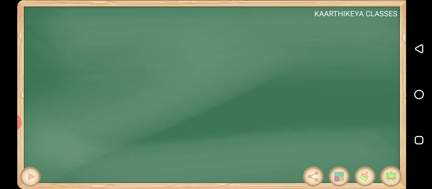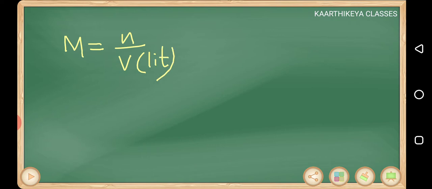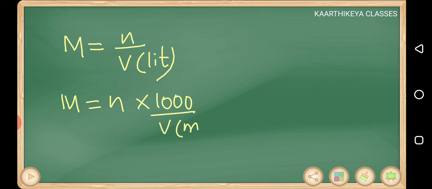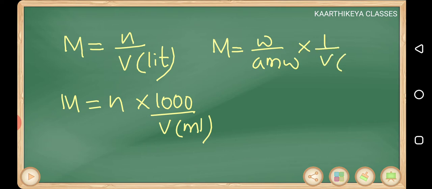Next is the molarity formula. Molarity is equal to n by V, where n is the number of moles. Molarity is equal to n into 1000 by V if volume is given in milliliters. Molarity is equal to weight by gram molecular weight into 1 by V if V is in liters.